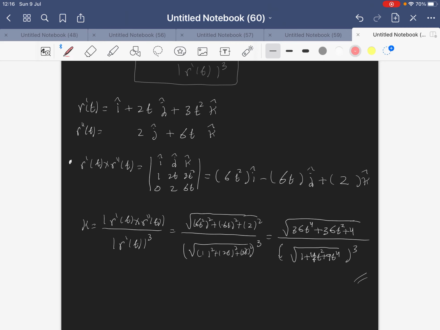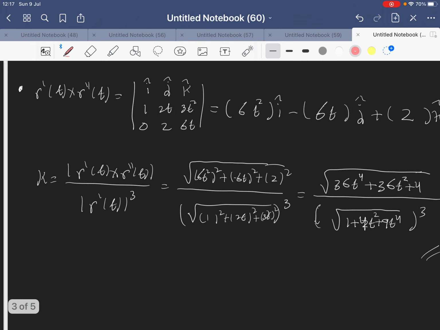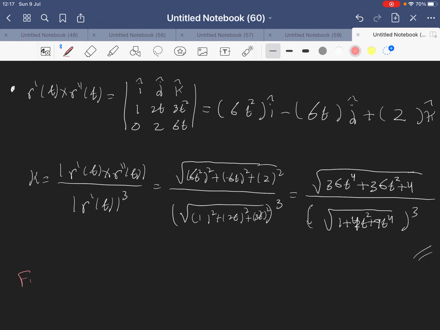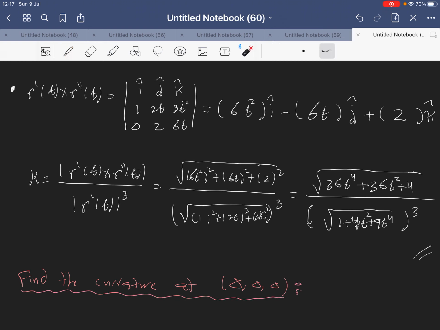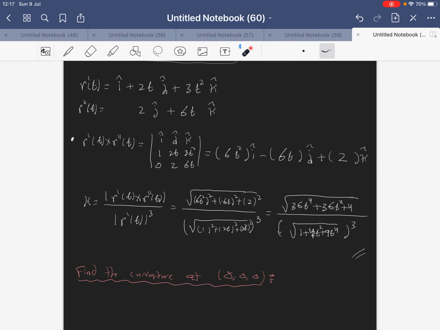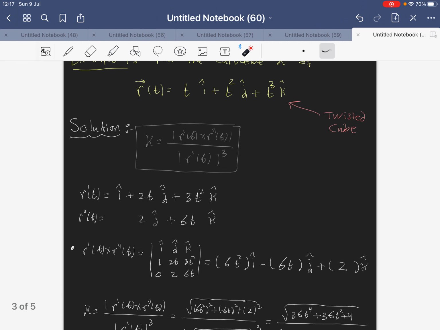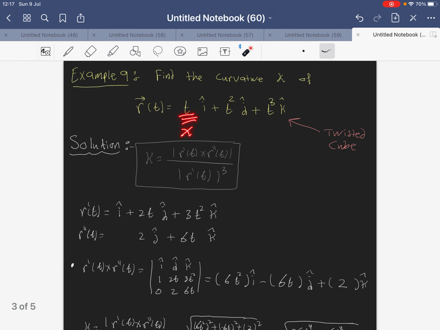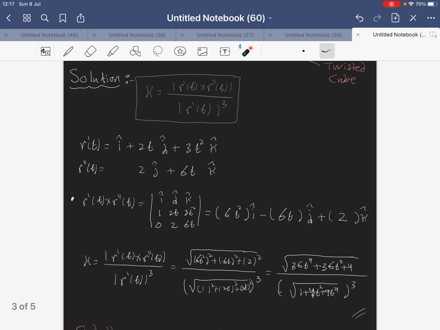For example, if we want to find the curvature at the point 0, 0, 0, we need to know what is the value for t. Now remember, this is x, this is y, and this is z. X is exactly my value for t.